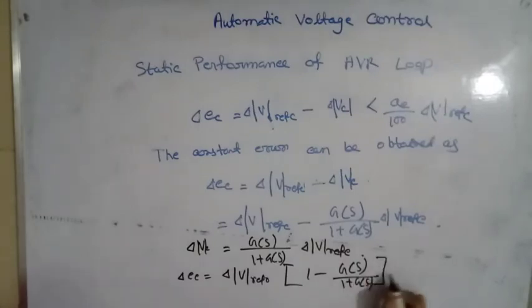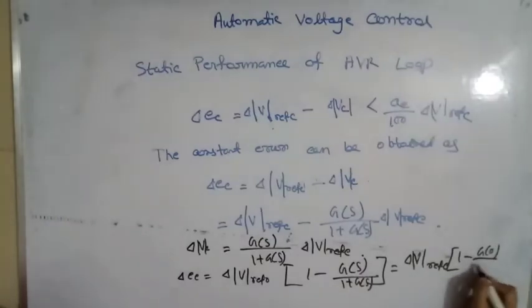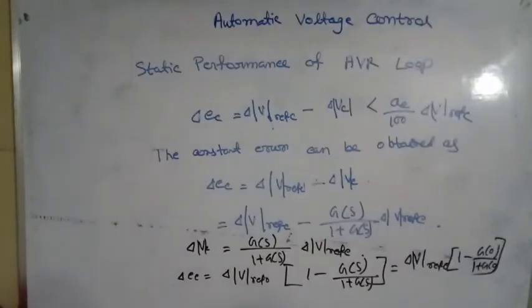So this is equal to delta V reference times 1 minus G0 over 1 plus G0. Now this is equal to 1 by 1 plus G delta V reference, which is equal to 1 by 1 plus K delta V reference.